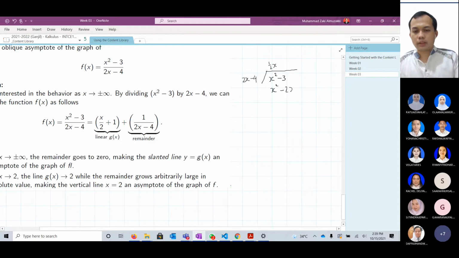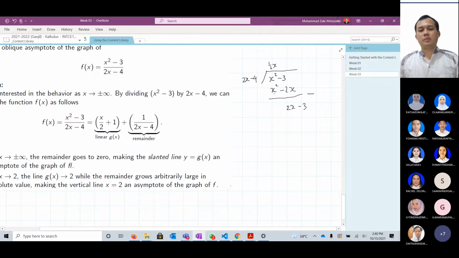Kemudian setengah x-nya kita kalikan dengan 2x min 4. Jadi kita punya setengah x kali 2x adalah x kuadrat. Setengah x kali min 4 adalah min 2x. Kemudian kita kurangkan, ya, yang atas kurang yang bawah, kita punya 2x min 3.